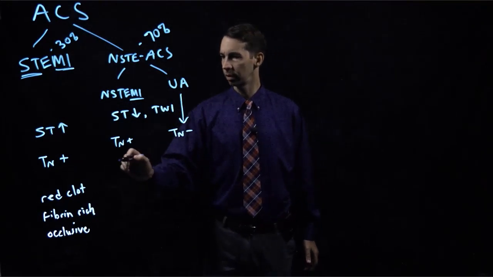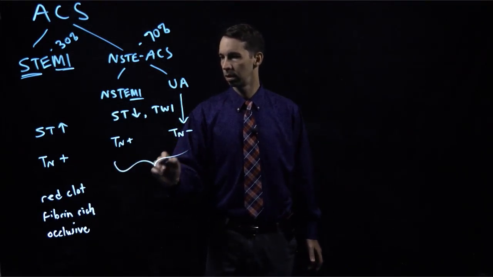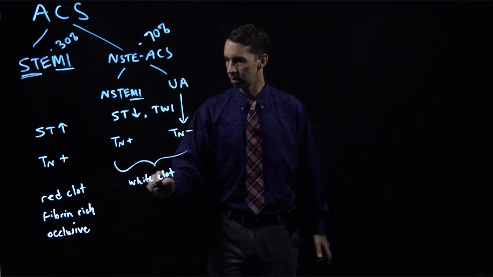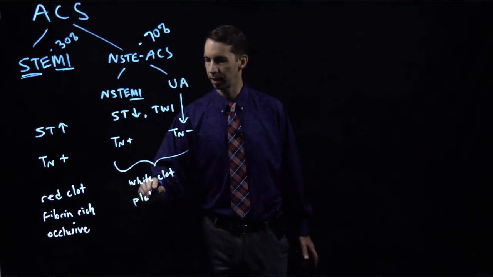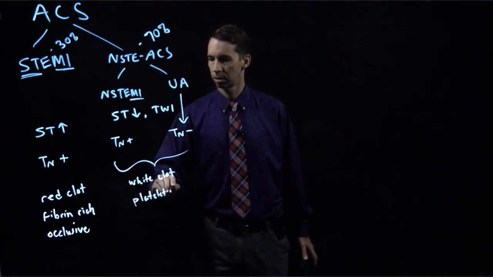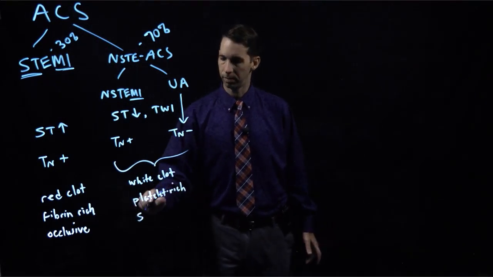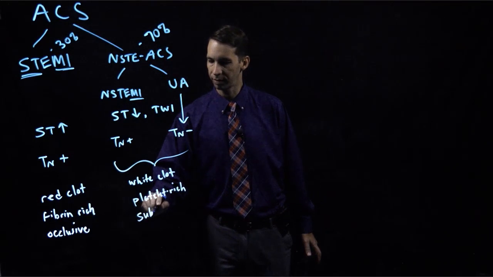Now over here for NST-ACS, right, these patients typically have what we call a white clot. So what does that mean? So these clots tend to be more platelet rich. And because of that, with having less fibrin, they're oftentimes subocclusive.